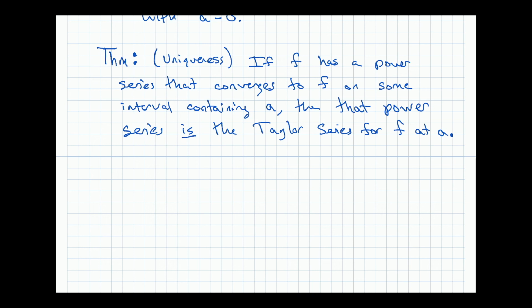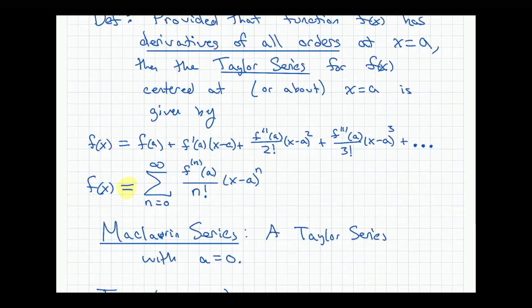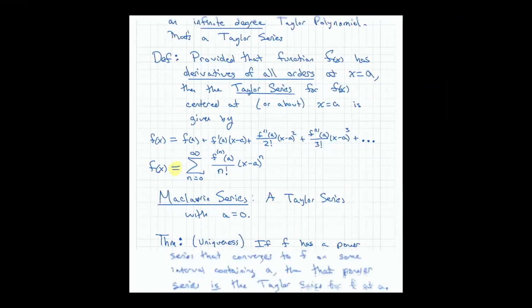So what this is saying is if you ever had a function equal to a power series, then the power series is automatically the Taylor series, even if you didn't use the formula to calculate it. An example of that would be like this.